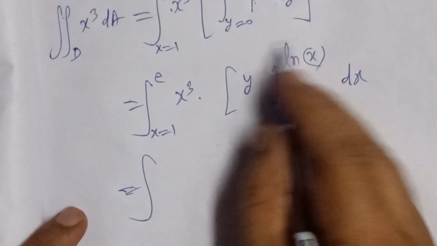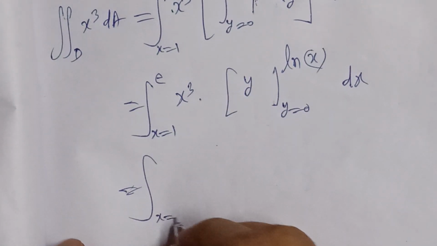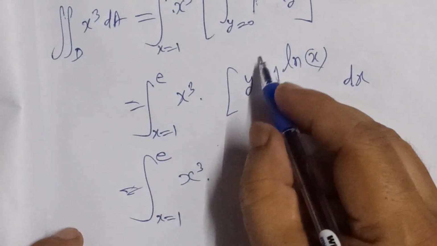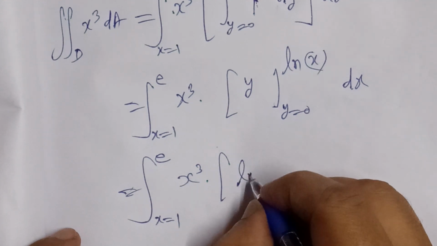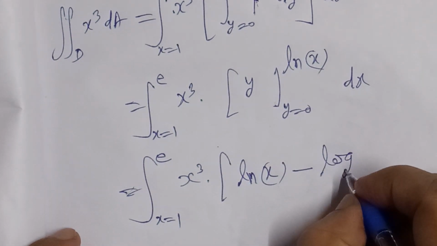We will get this as a function of x, and then we finally integrate with respect to x. Write upper limit minus lower limit.